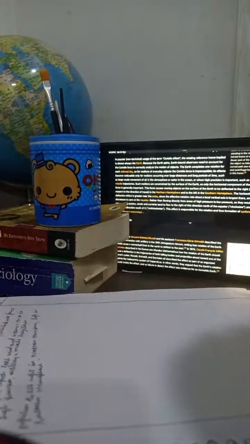The horizontal deflection effect is greater near the poles, since the effective rotation rate about the local vertical axis is larger, and it decreases to zero at the equator.